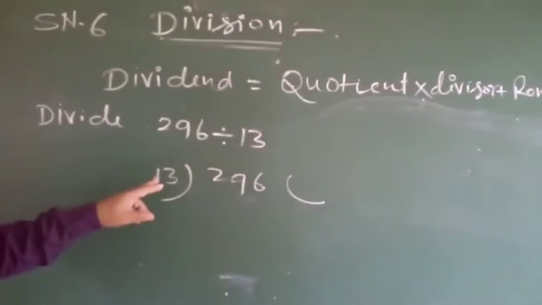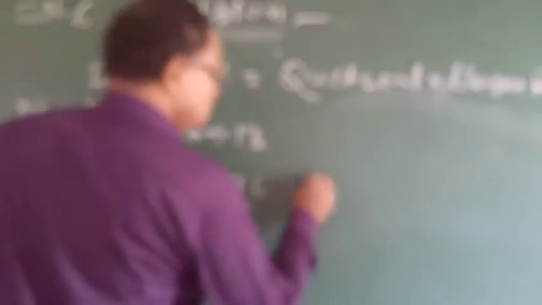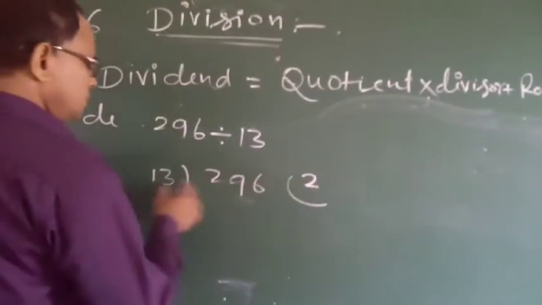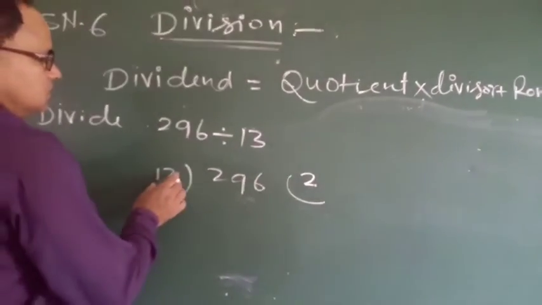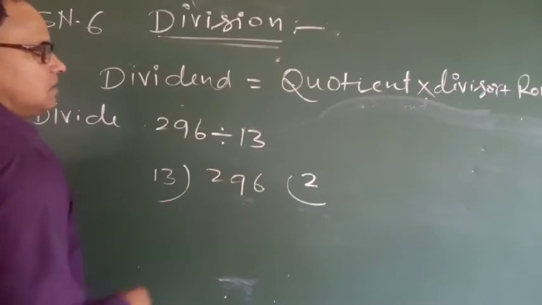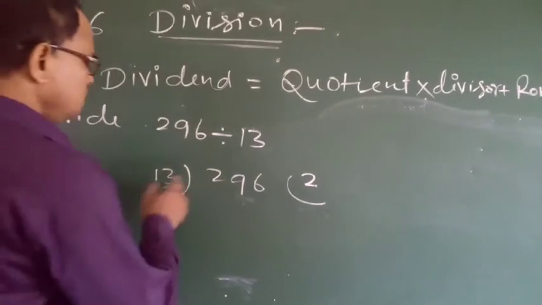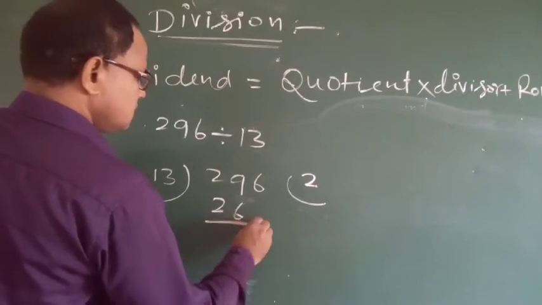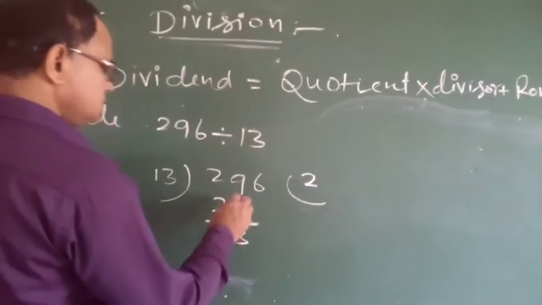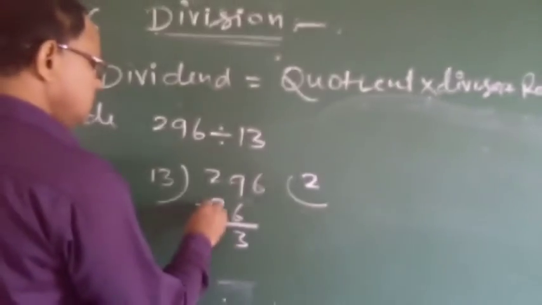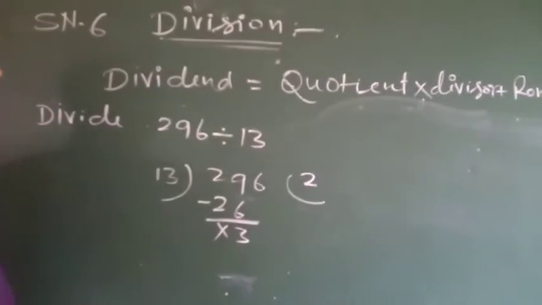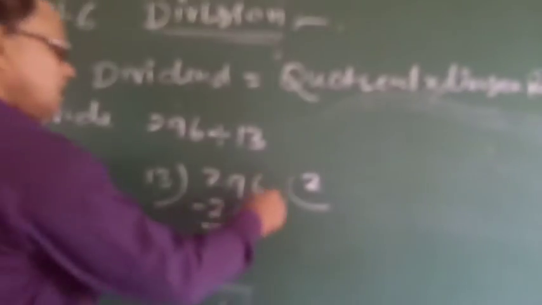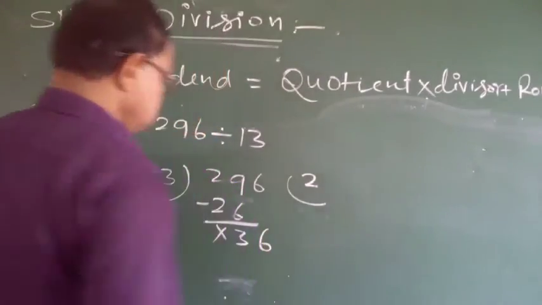Then 13 threes are not suitable for the solution of 29. Then 13 twos: 2 times read of table 13 is suitable for 29. Look here, 13 twos are 26. 9 minus 6 is equal to 3, and here 2 minus 2 cancel, and write here 36.